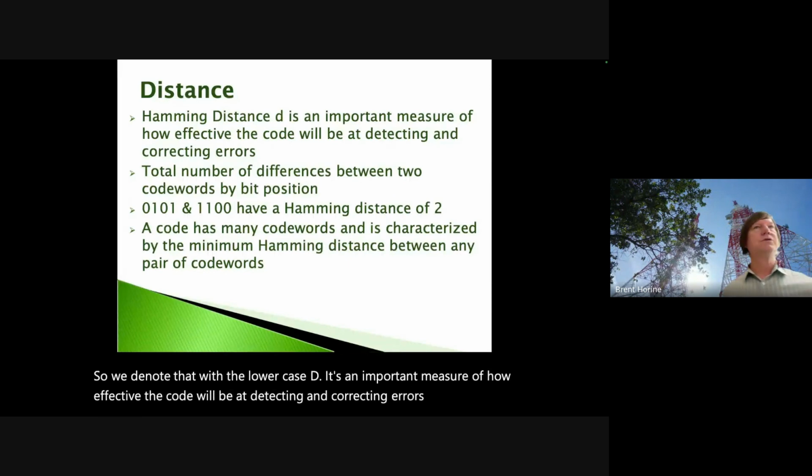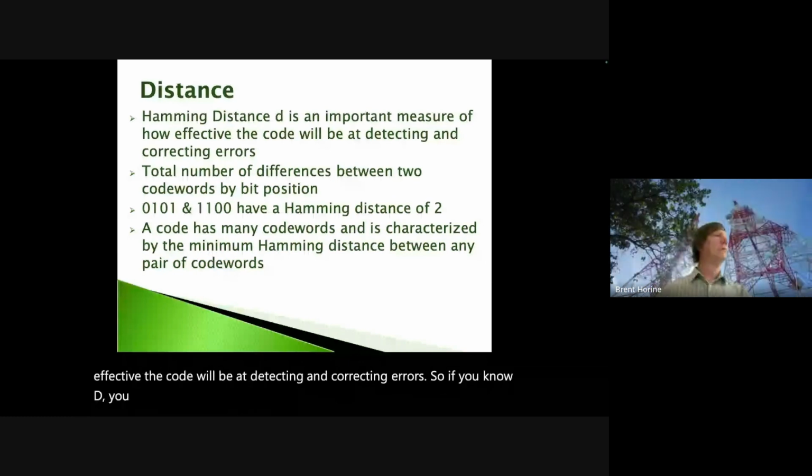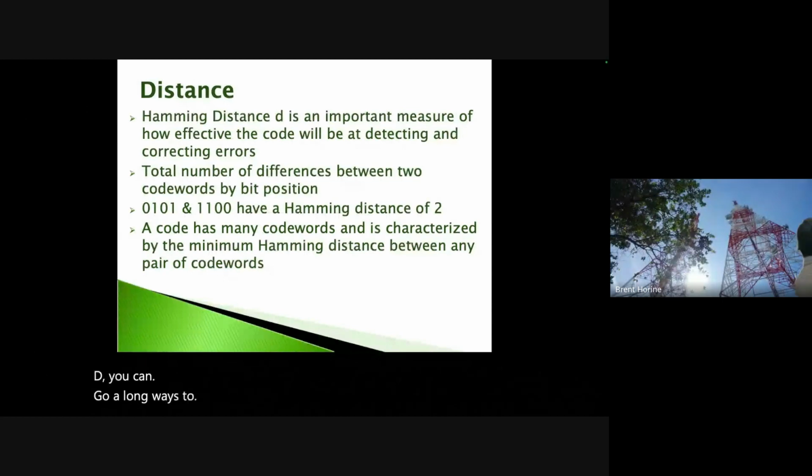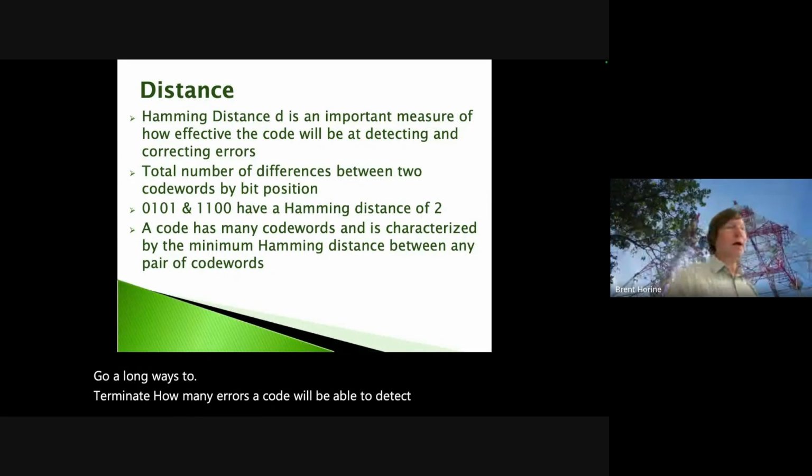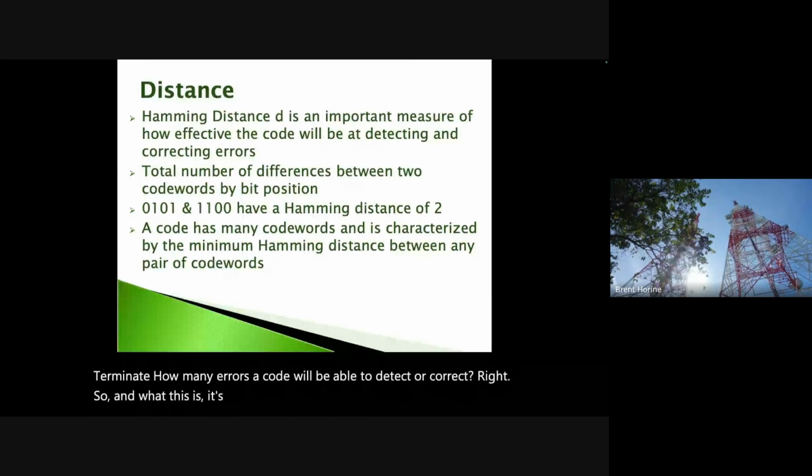If you know d, you can go a long way toward determining how many errors a code will be able to detect or correct. What it is, is the total number of differences between two code words by bit position.